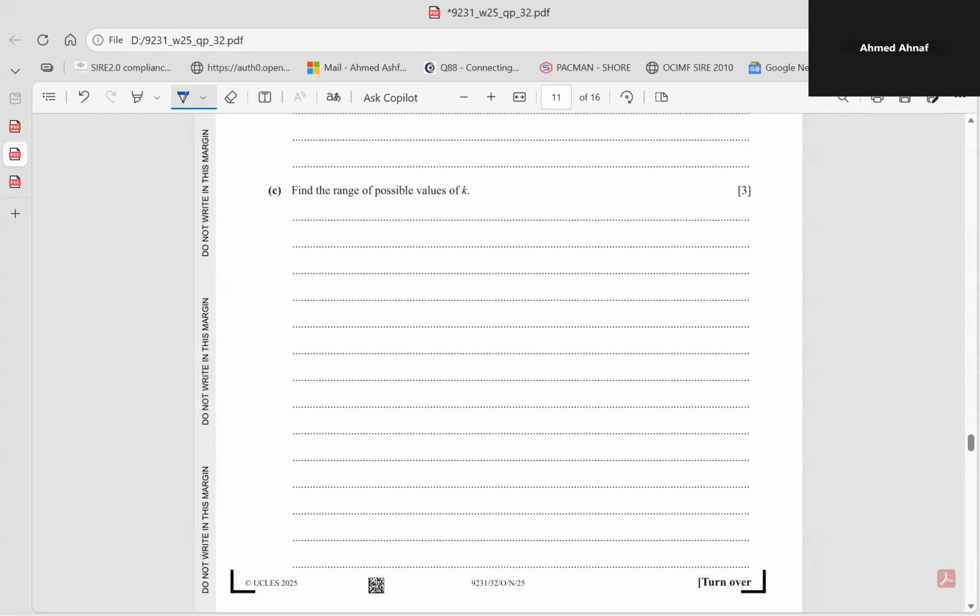For the last part, we're just told to find the range of the possible values of k. To do that, you have to know that the coefficient of restitution has to be between 0 and 1, and it can be equal to 1, but it cannot be equal to 0. So this is the range of the coefficient of restitution.